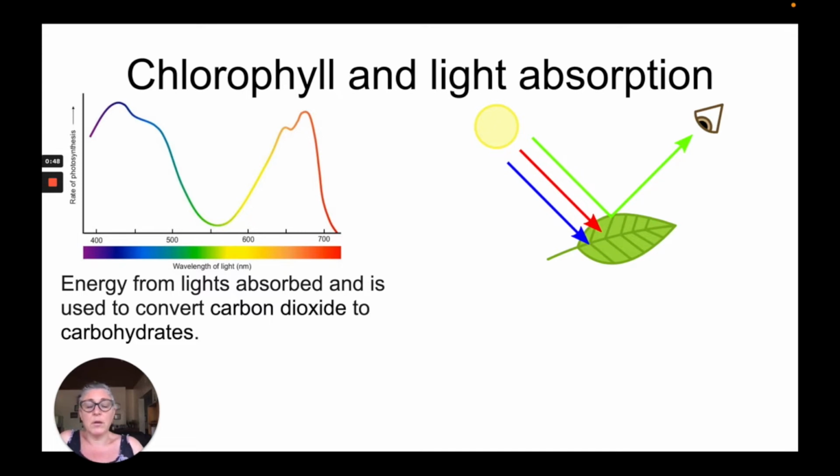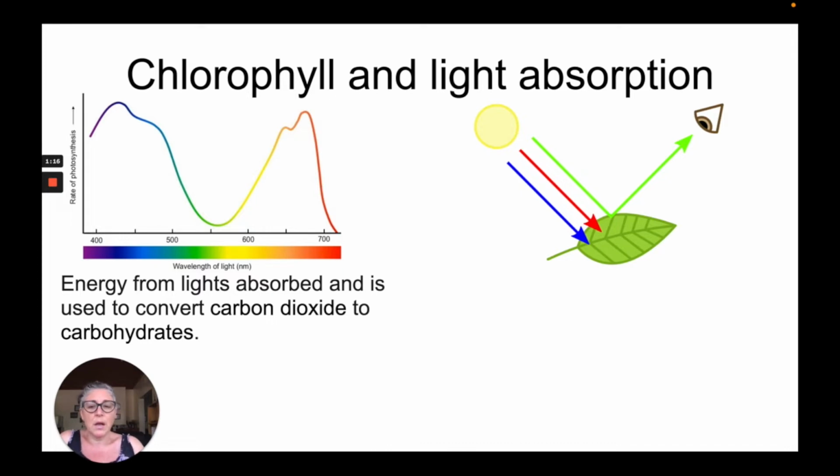The rate is also high in the yellowish orange wavelength, maybe around 650 nanometers. And the lowest rate of photosynthesis is in the green wavelength of light, which is about 550 nanometers.